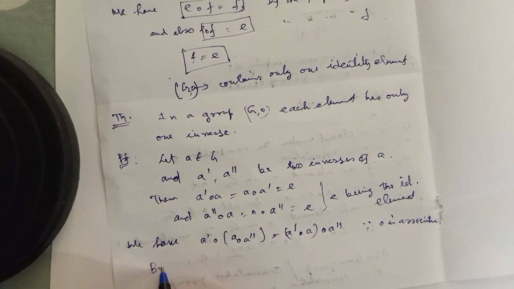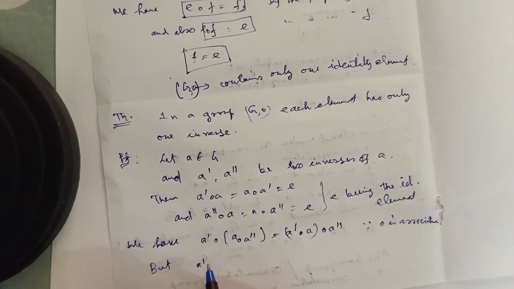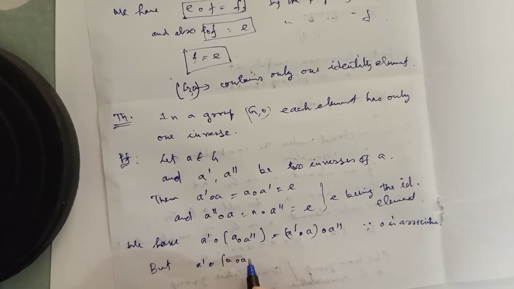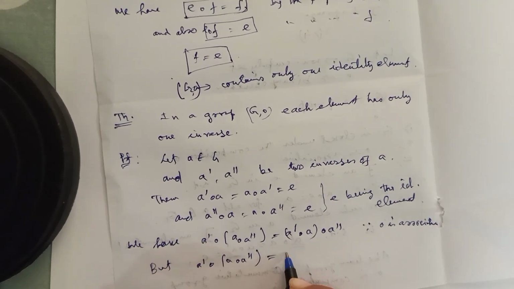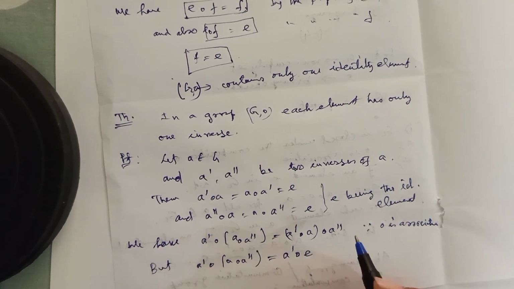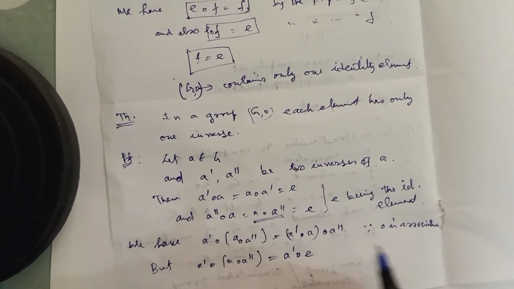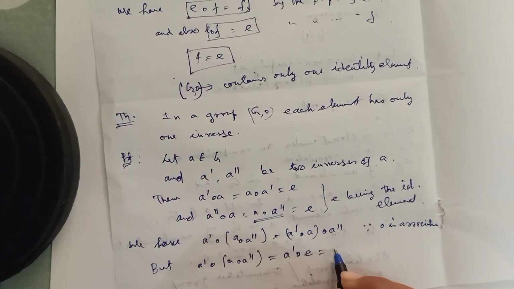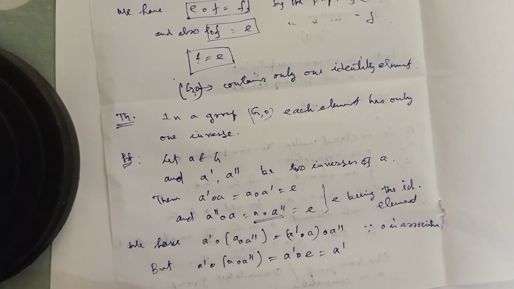But A dash compose A compose A double dash, from this relation, equals A dash compose E, which equals A dash.